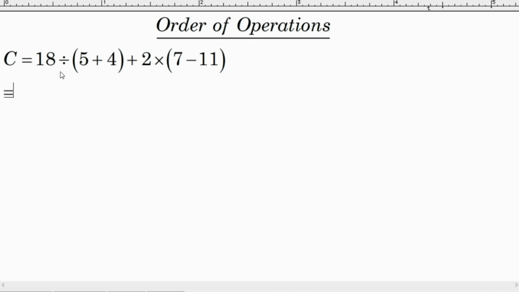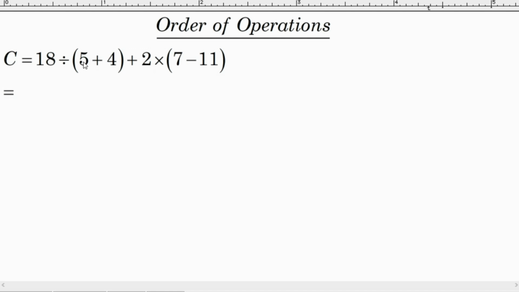In this question we have parentheses, a division sign, and a multiplication sign. The first thing we have to do is calculate the numbers in the parentheses. So we have to do this and this first.